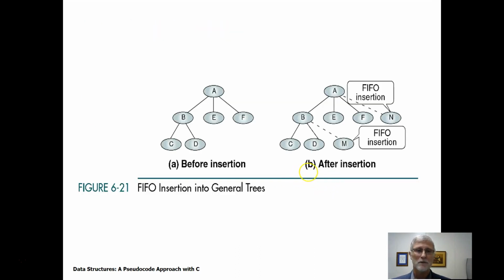So here we've got a couple of different ways. I can insert first in, first out into a tree. What does that mean? Since I don't have a restriction of only two children, I can insert at the end of the section.